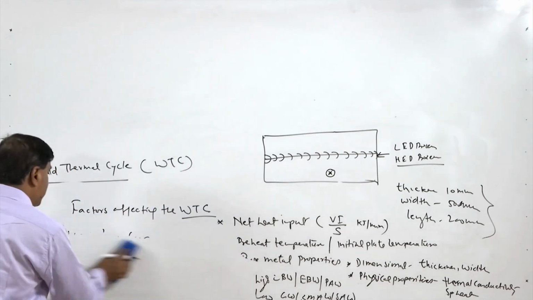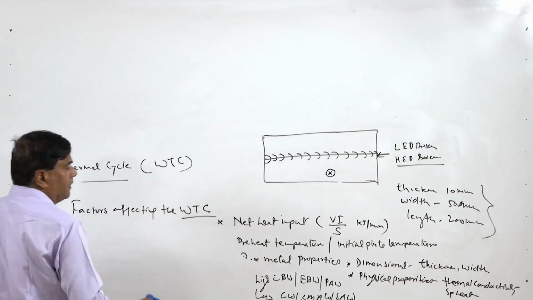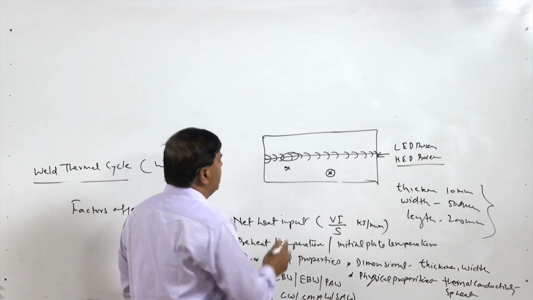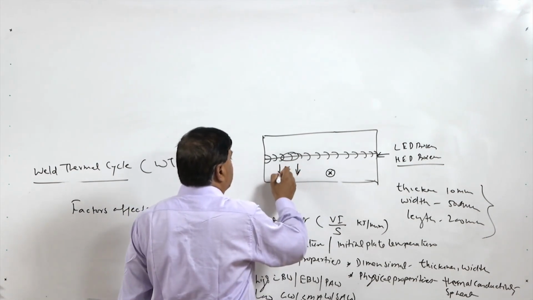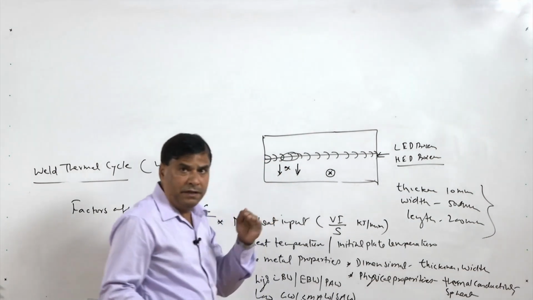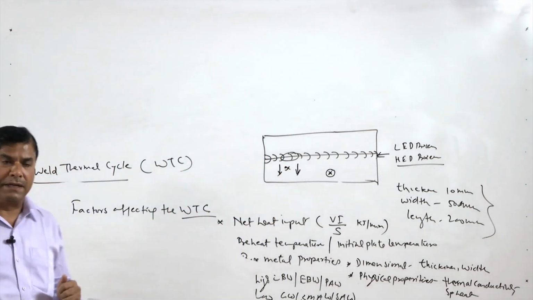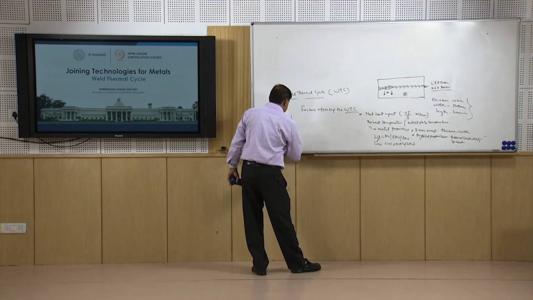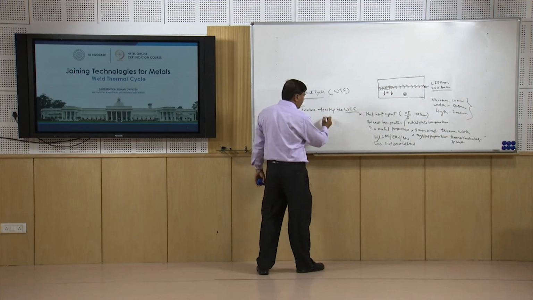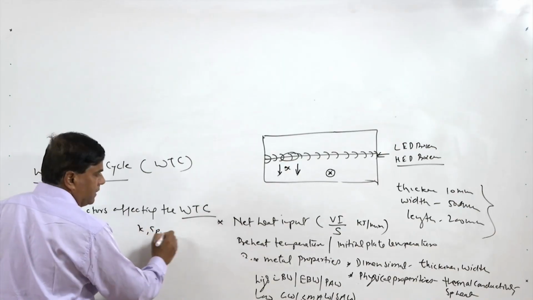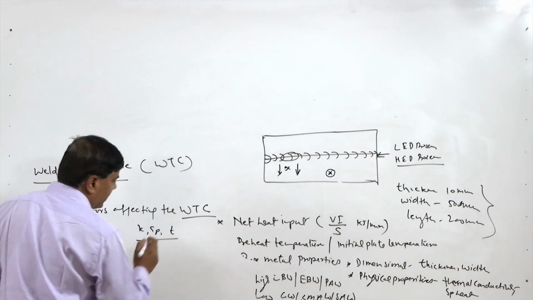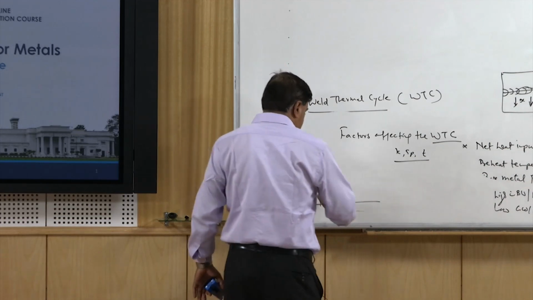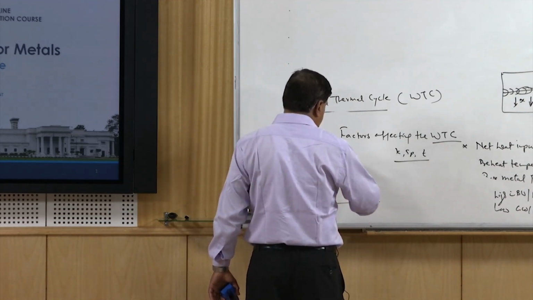If the heat is transferred rapidly, like heat is being delivered here and this is the point of interest, then heat will be extracted. If the heat is extracted faster, then the peak temperature will be reduced. It will take a longer time to reach the peak temperature. So as far as the base metal is concerned, increasing all the factors like K, specific heat and the thickness, all the factors that affect the heat transfer rate, will affect the weld thermal cycle in one particular way.